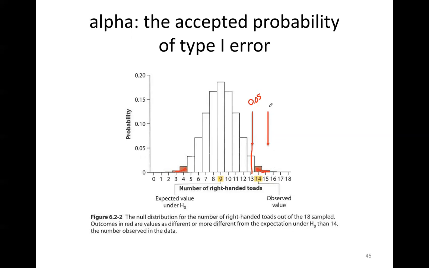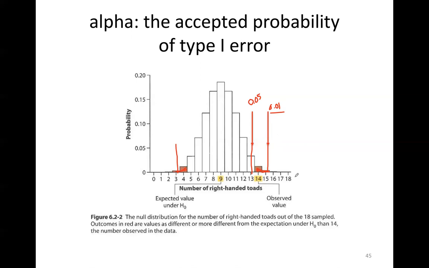But we could also have chosen an alpha of 0.1, for instance. Sorry, 0.01, 1%. And then we would not have rejected the null hypothesis. Depending on which alpha we choose, we would have or would not have rejected the null hypothesis. If we are more conservative, we might say just 14 out of 18 is not a strong enough signal.